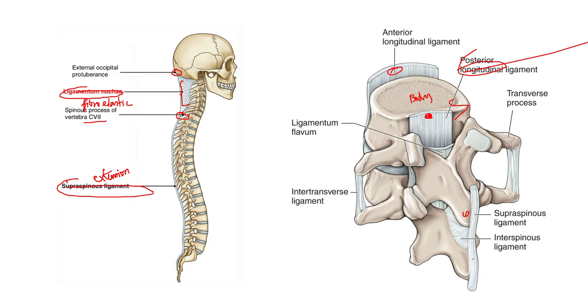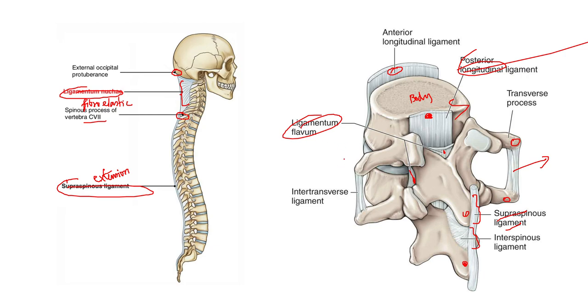Between the spinous processes you can see the interspinous ligament, and above the spinous processes you can see the supraspinous ligament, as the name itself says. Between the transverse processes you can see the intertransverse ligament, and between the laminae of the vertebra you can see the ligamentum flavum.